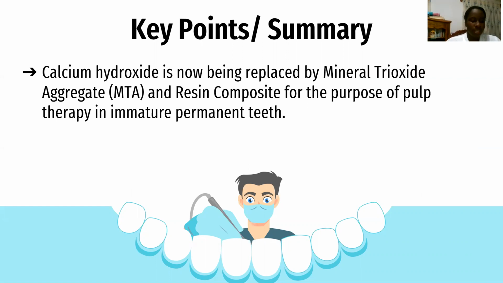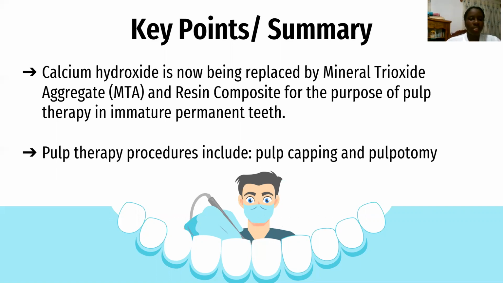Now, the MTA, which is mineral trioxide aggregate, would act as an apical barrier, and it allows for continued root development. So it is used to treat open apex in pulpless teeth, right? And you'd have bonded composite techniques being performed, which would strengthen weak roots and prevent root fractures.